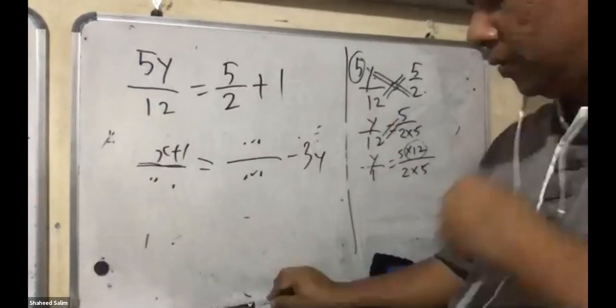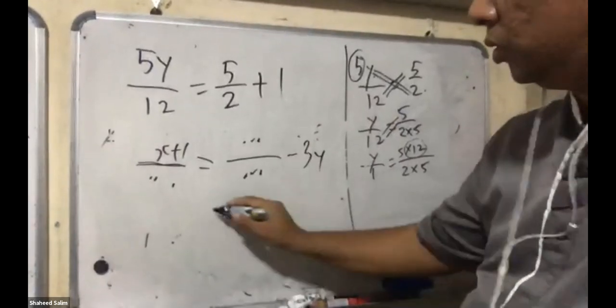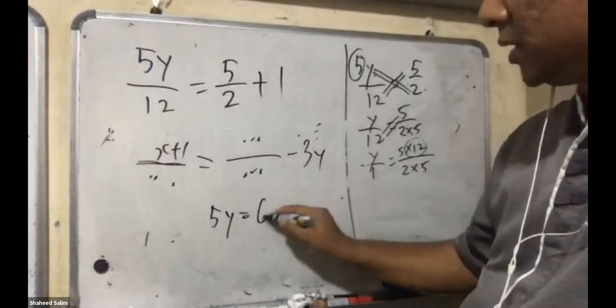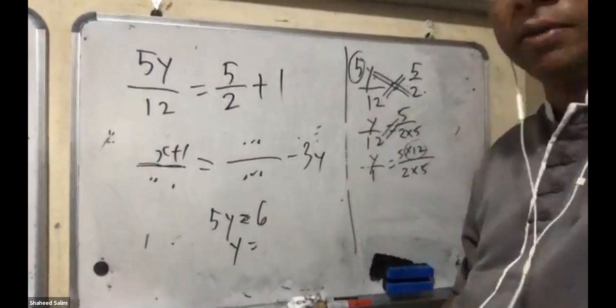Okay, so that question you know how to do, right? 5y equals to 6. So y equals to, you know what's the answer, right?